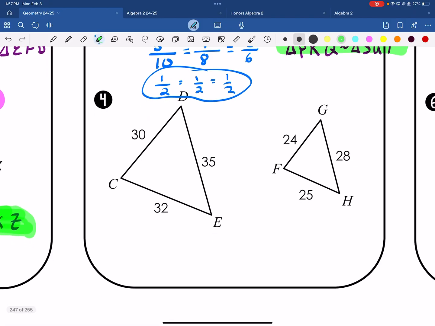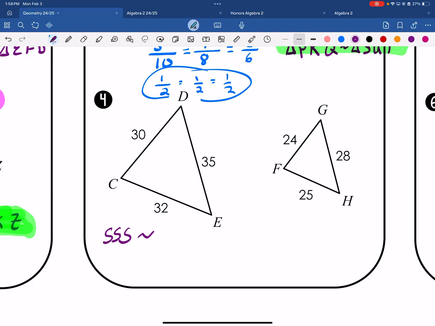Okay, let's look at this one. So we've got triangle DCE. And we've got triangle GFH. I've got 3 sides of both of them. So we're going to try to see if side similarity works or not.